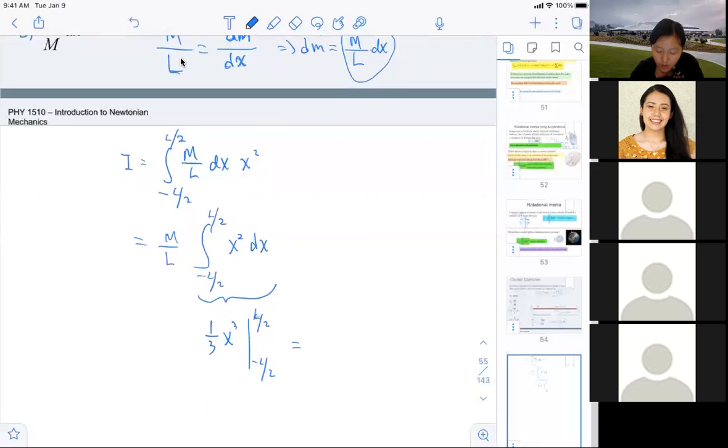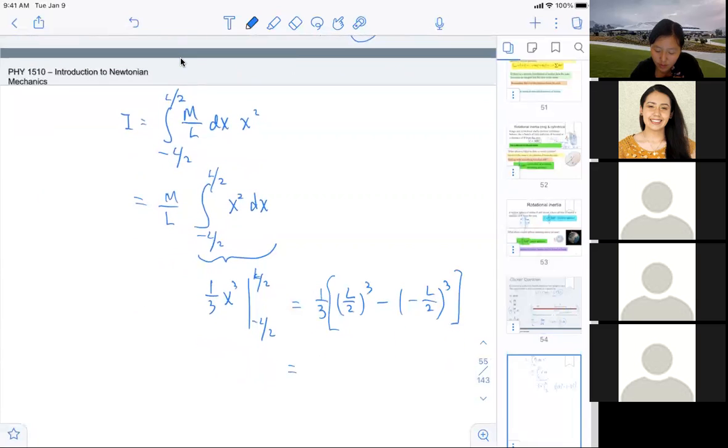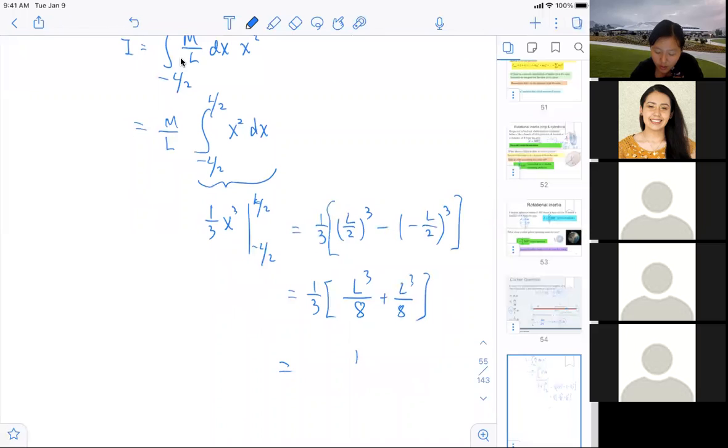So this becomes one third, L over 2 to the power of 3, minus negative L over 2 to the power of 3. This becomes L cubed over 8, and there are 2 of these, since negative, negative becomes positive. So this becomes L cubed over 4.